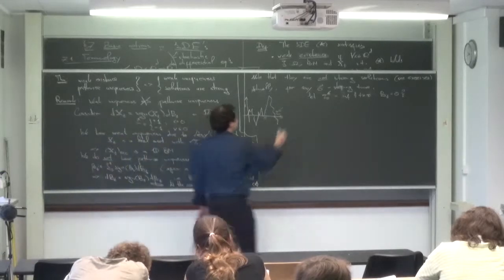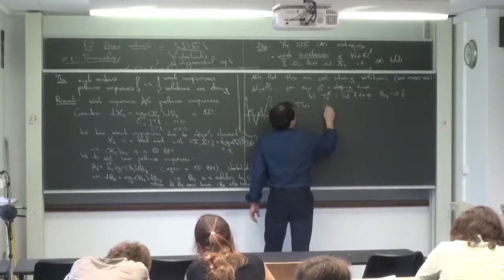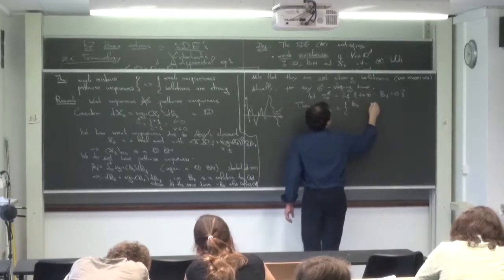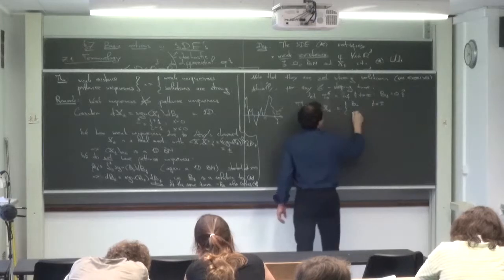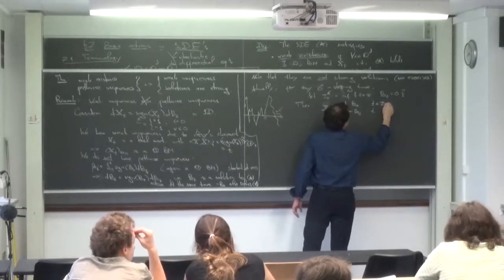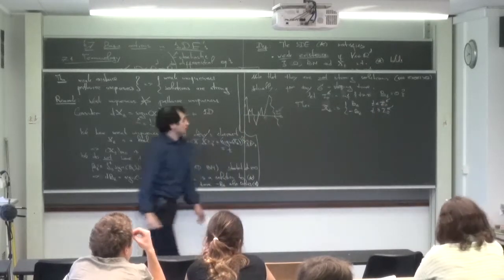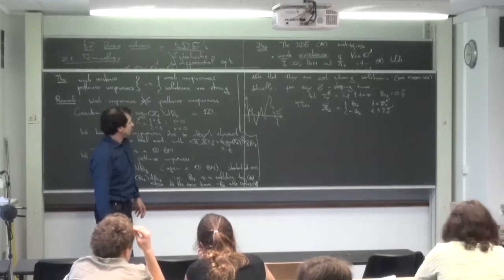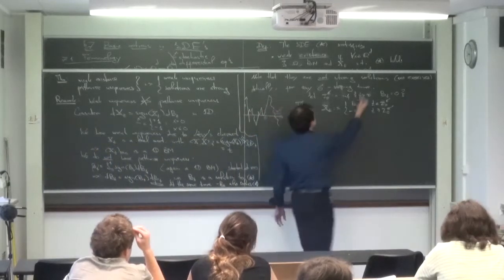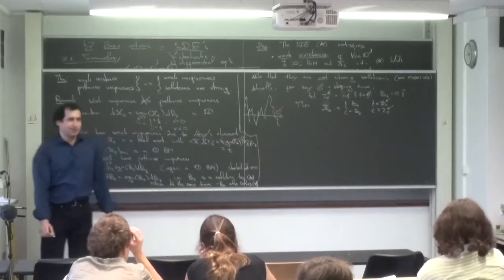Then the process Xt, which is Bt for t less than tau, and minus Bt for t between tau and sigma. Pardon? This is sigma, yes, it was redefined on the fly.